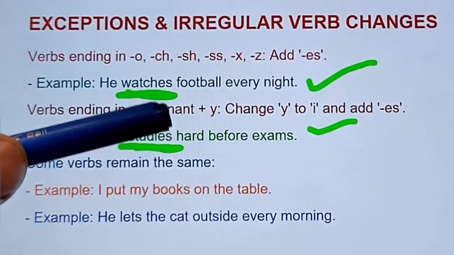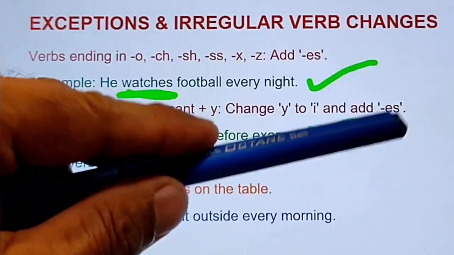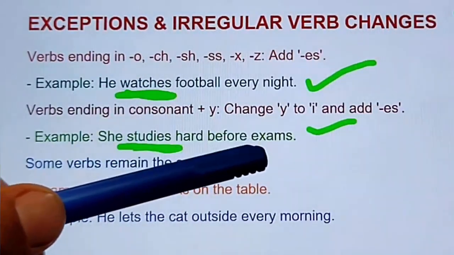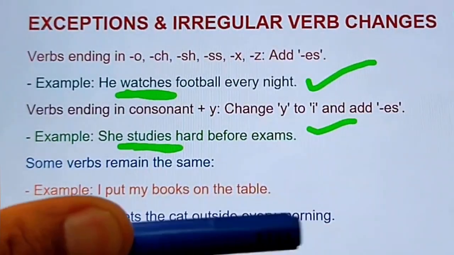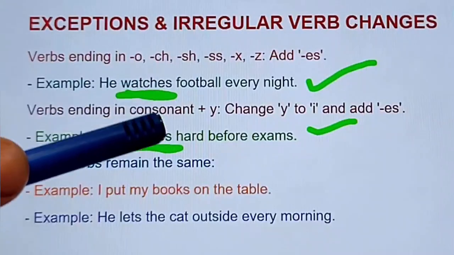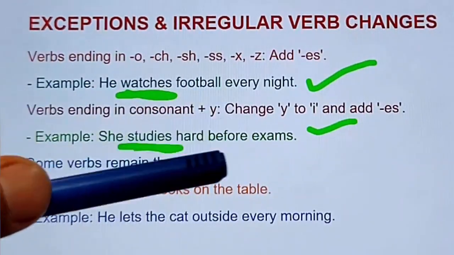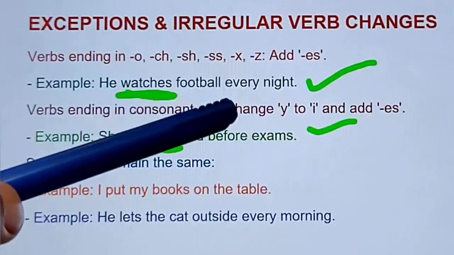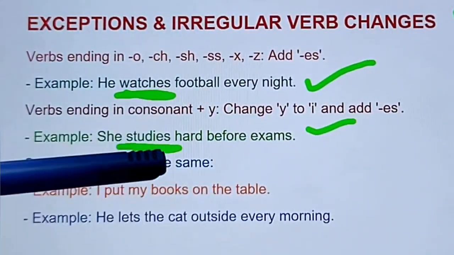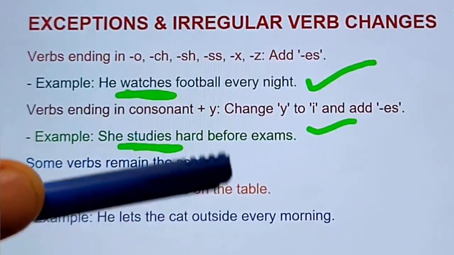But here we change Y to I and we add ES. So she studies hard before exam. So remember this one: verb ending in consonant plus Y, then we change Y to I and add ES. This is the simple trick you can use in grammar.